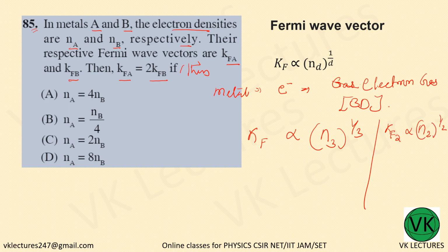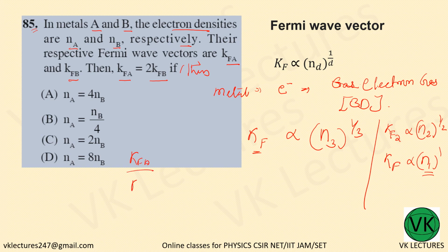If it was 1 dimension, the wave vector is proportional to n to the power 1. Since it is 3D, your Fermi wave vector is proportional to n to the power 1 by 3, where n is the electron density.